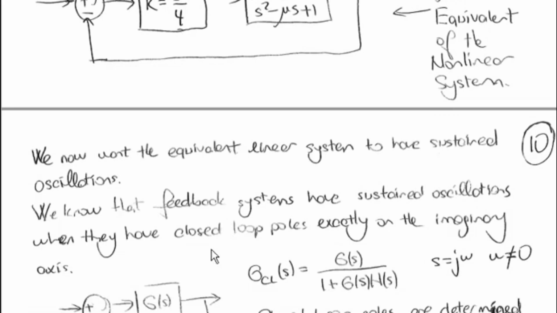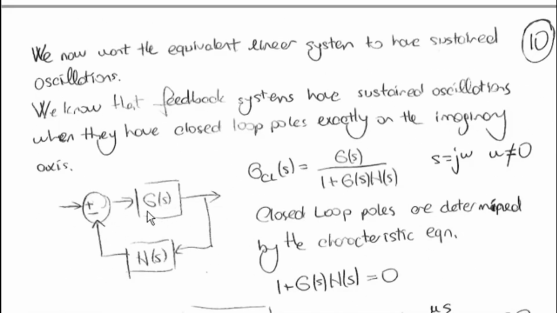So remember the linear system theory here. If I have a feedback loop composed of the forward path transfer function G of s and feedback path transfer function H of s, the closed loop system transfer function is given by this ratio. If I want this closed loop system to have sustained oscillations exactly on the imaginary axis, then I have to check the case when s is equal to j omega, and try to find closed loop poles exactly on the imaginary axis.